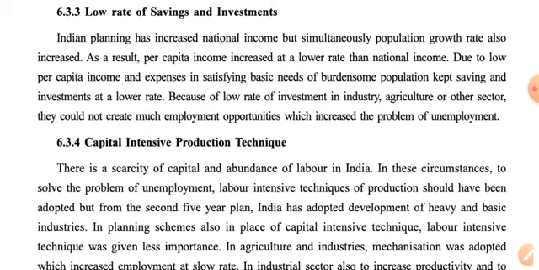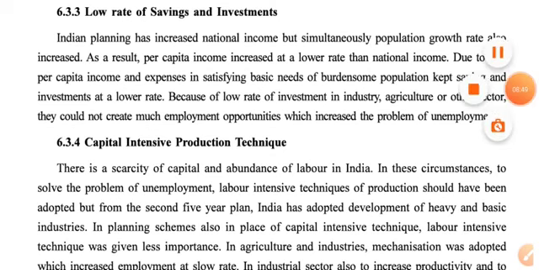But here it is not possible in a country like India, because our population is increasing very fast and we are not able to get the fruits of the development. So that results into low rate of savings and investment. Now let us move forward.